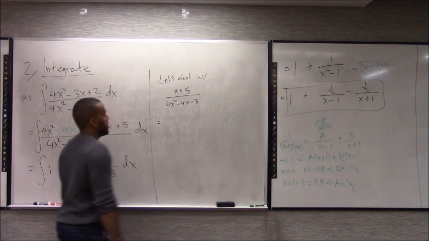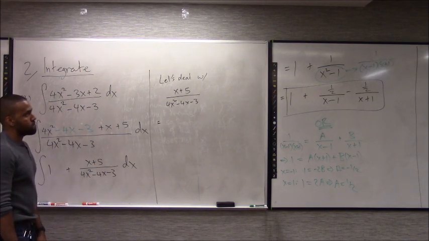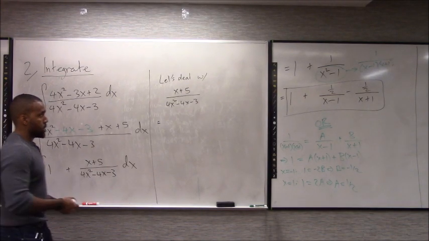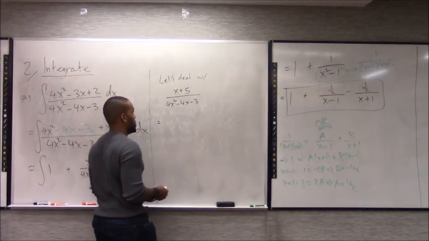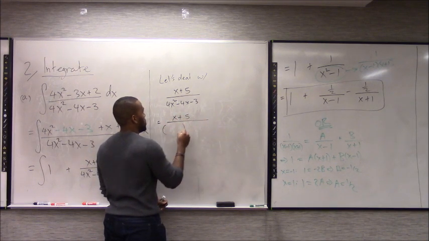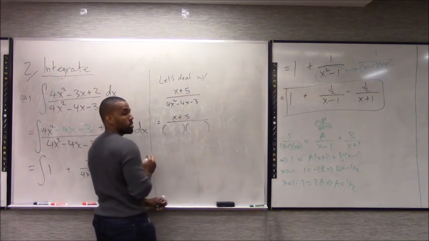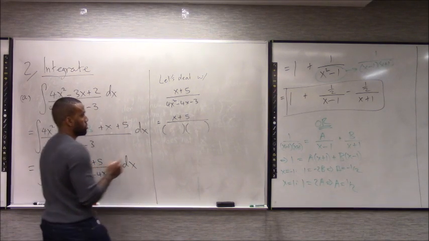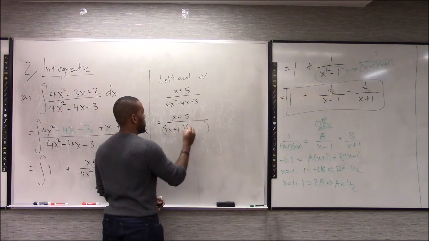How are you going to deal with that? Factor the denominator. Right, so the highest power on top is lower, so we're going to factor the denominator. What does it factor into? 2x plus 1 times 2x minus 3.